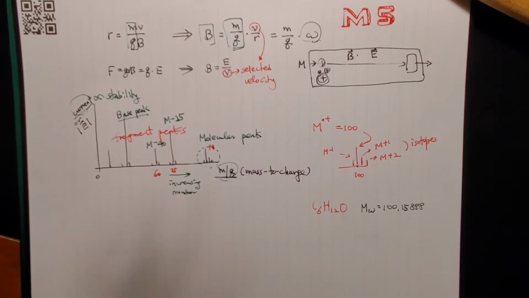For example, if you calculate the molecular weight of this chemical, it will be 100.15888. But the spectrum doesn't show that. That's because the molecular weight is calculated by the atomic weight of each atom. But each atom, if you think about it in nature, carbons are not always carbon-12.